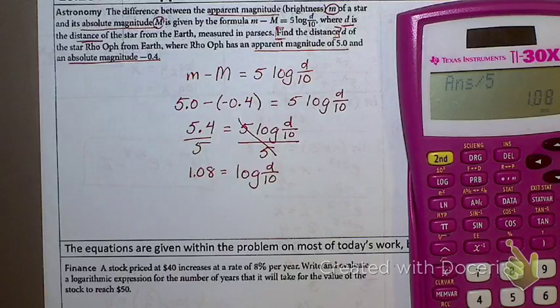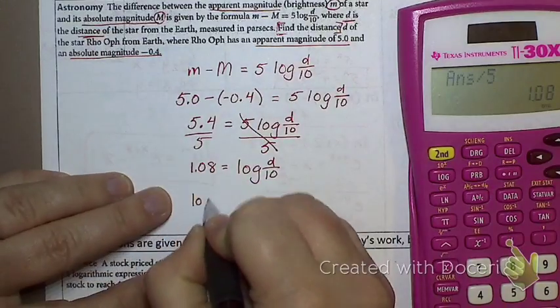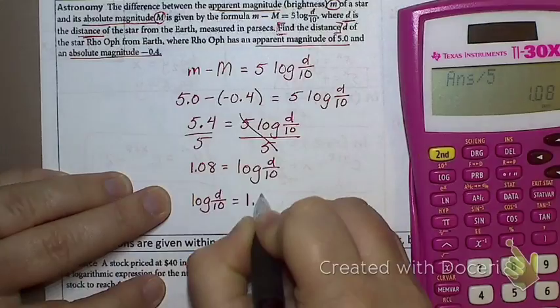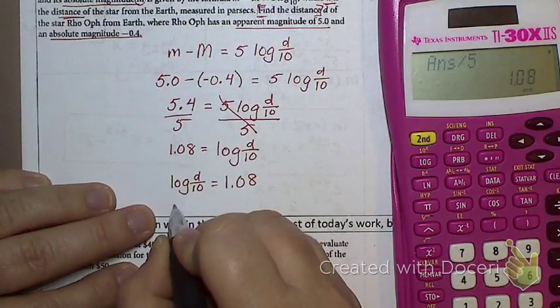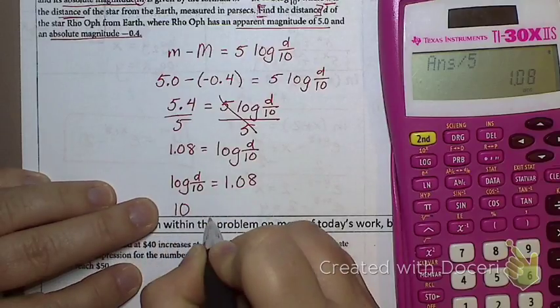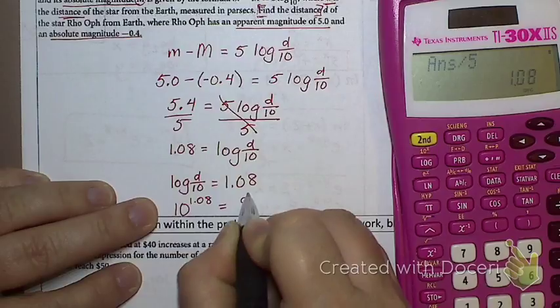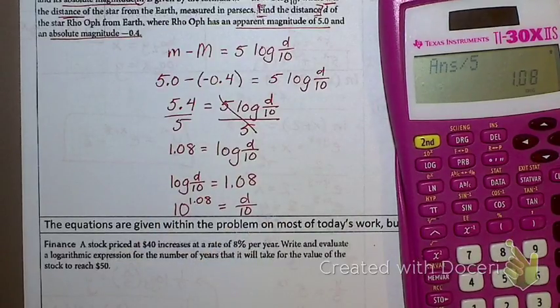Just like with the other problems where I said it's easier when you have the exponent on the left, it's easiest when you have the log on the left. So I'm going to start by reversing it. And let's go to exponential form. What do I have as the base? What's my exponent? Is equal to, and how would I get d by itself then? Multiply by 10.